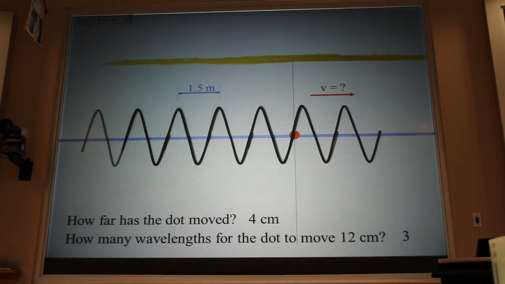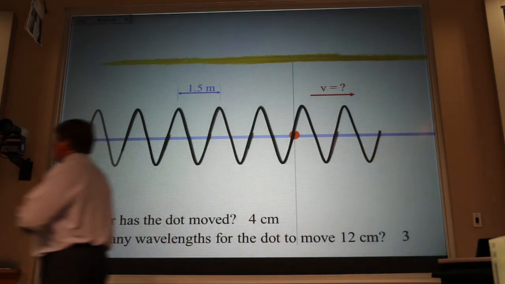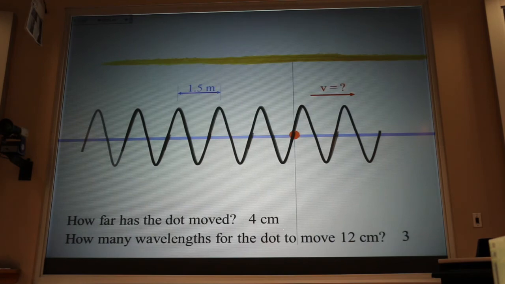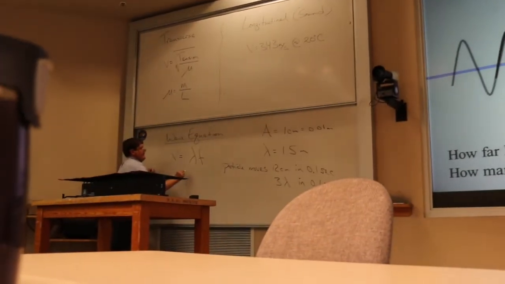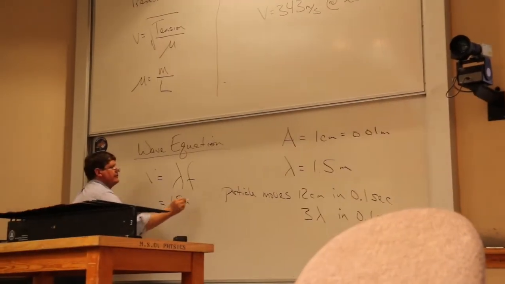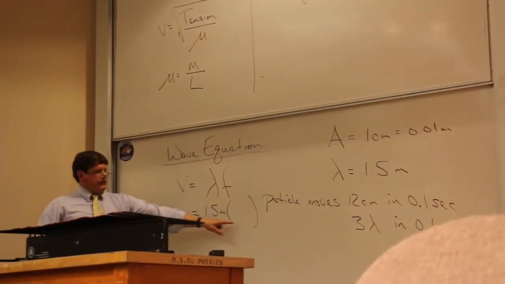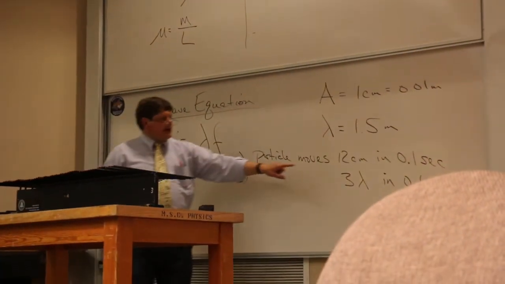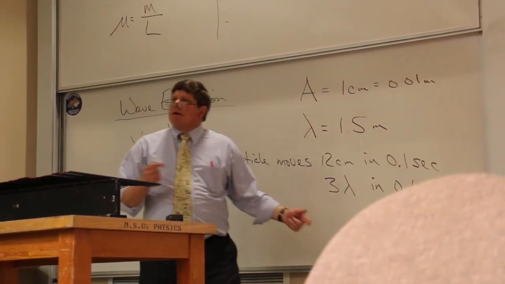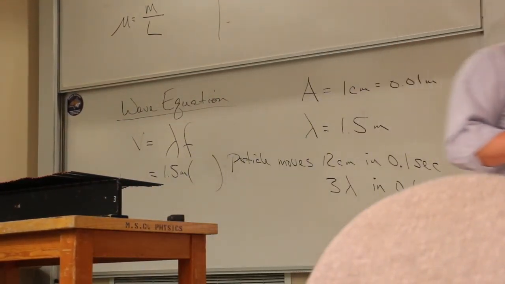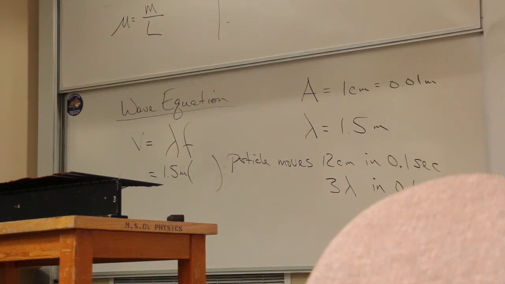Okay. What I want, in order to use this wave equation that I didn't actually write, I've got the wavelength, 1.5 meters. What I need is the frequency. If I get 3 whole cycles in 1/10 of a second, how many cycles will happen in a whole second? 30.